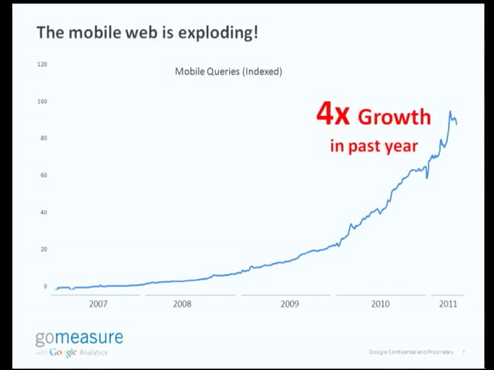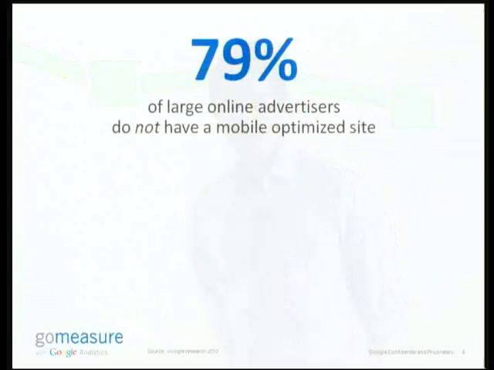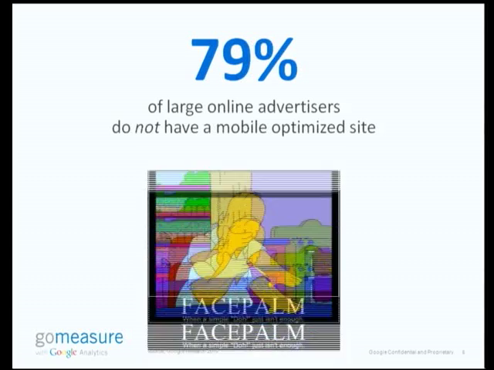Mobile queries lead to websites, which then lead to the user converting. But the sad and disappointing truth is that 80% of large online advertisers do not have a mobile optimized site. They're not seizing on this opportunity to give the user a good experience and ultimately converting on their site. So face palm for that.